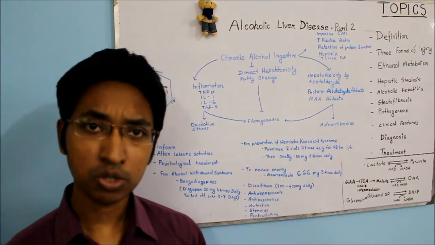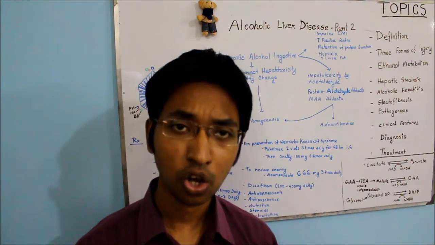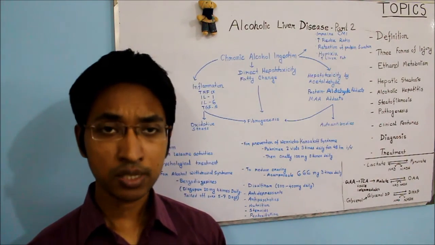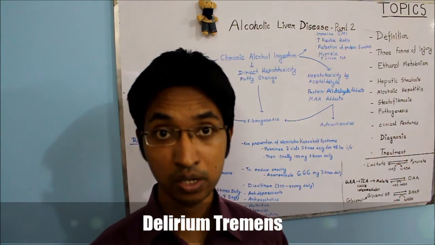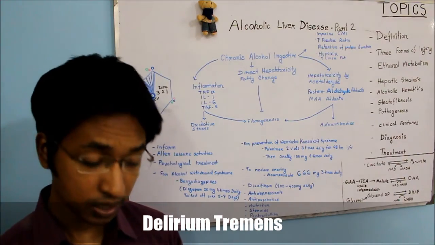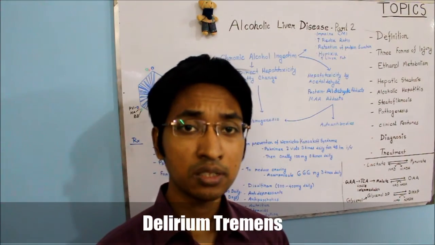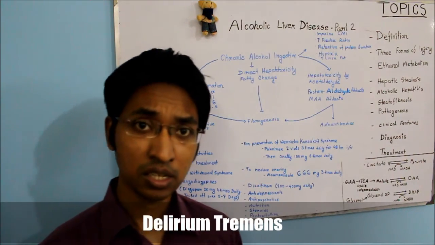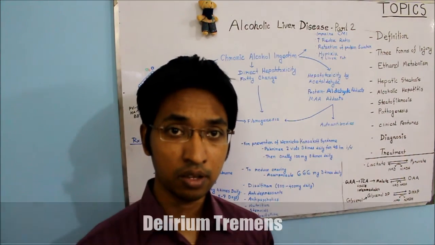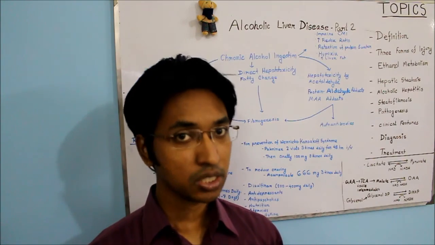And in your textbook, you will also see a term that is called delirium tremens. This can also be seen in a chronic alcoholic person when the person stops drinking. And the thing is, there will be delirium, the patient will be highly agitated, and there may even be hallucination in that patient as well.